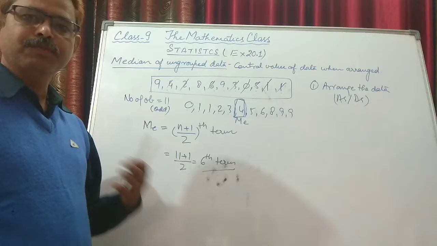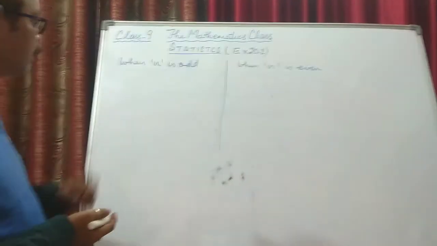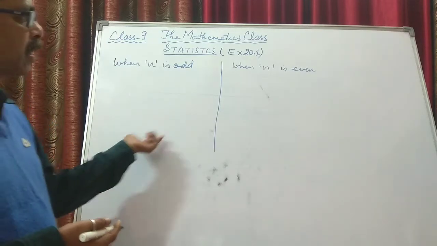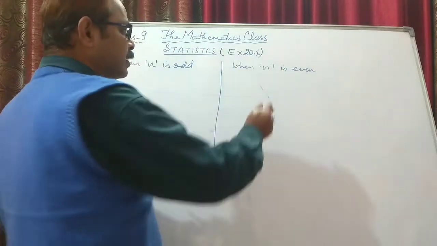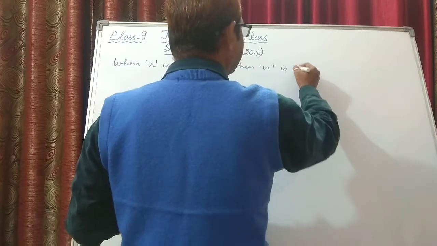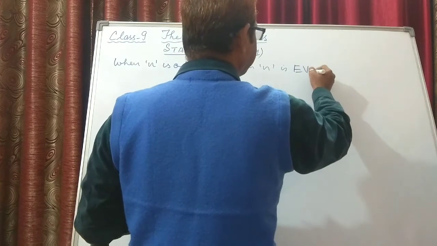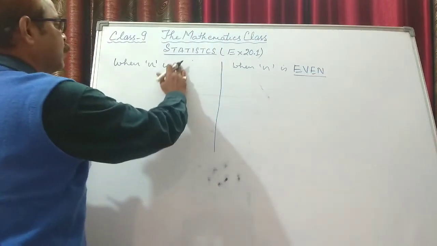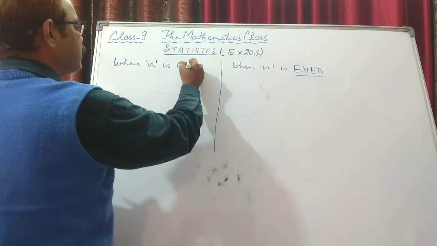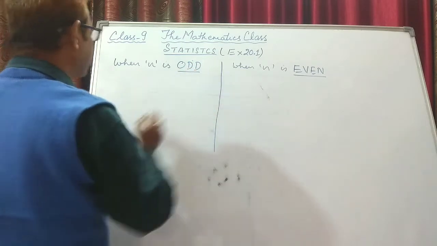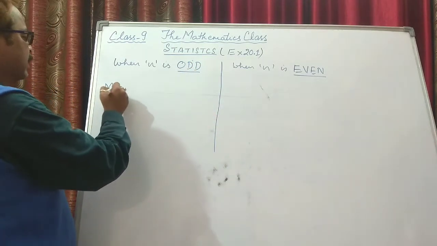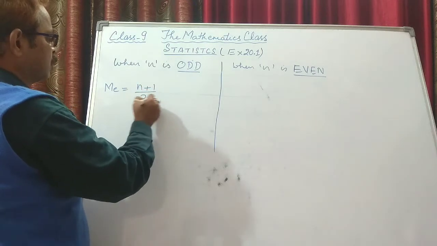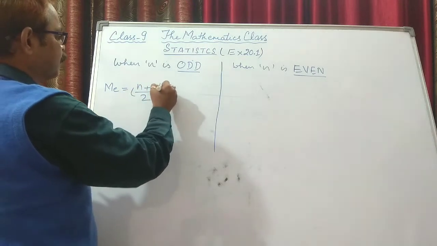Now I will be discussing the formula. When n is odd, median is calculated with a different formula, and when n is even, median is calculated with a different formula. Here it is odd. When n is odd, n meaning number of observations is odd, we write median as (n plus 1) upon 2th term.